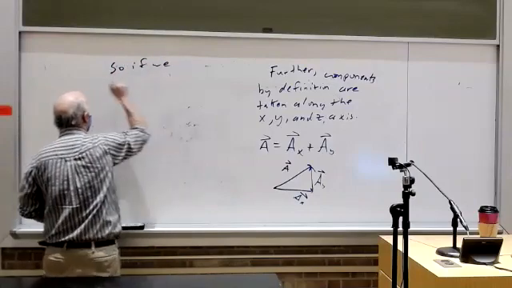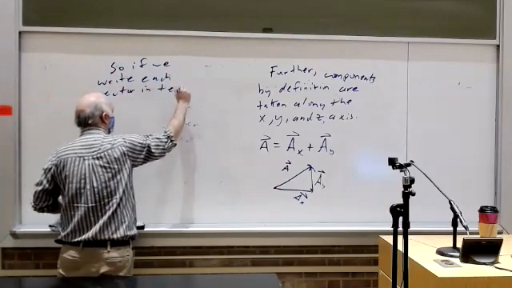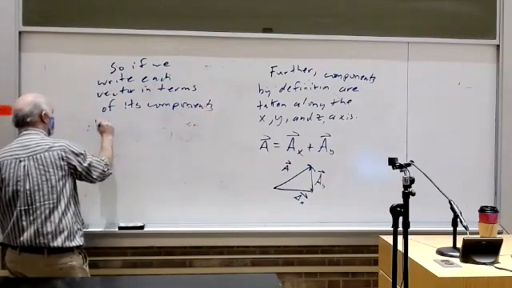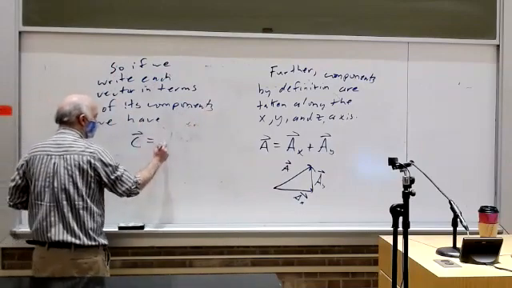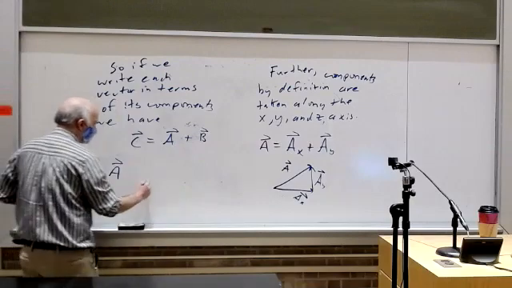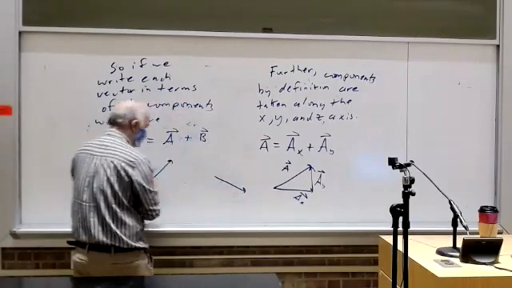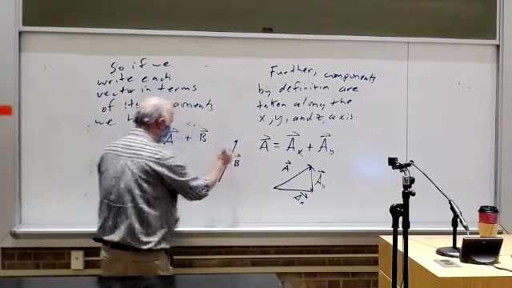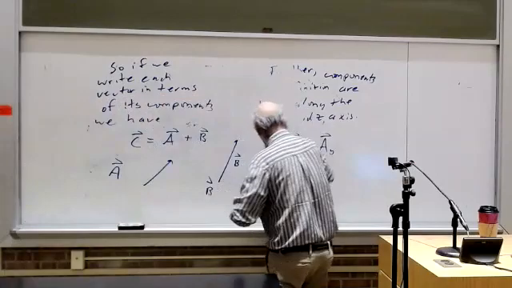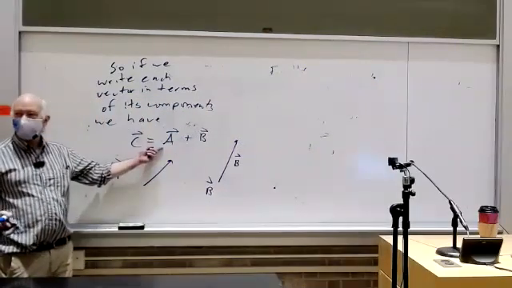So if we write each vector in terms of its components, let's say that A looks like this, and let's say that B looks like that. What does this now mean?